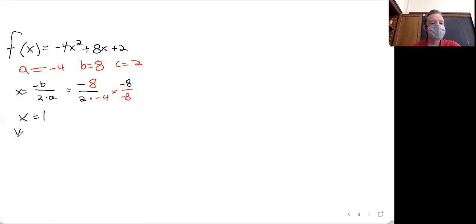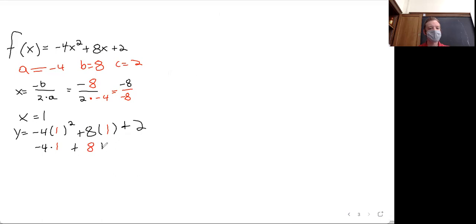Now, once we plug in, we need to replace both x's with +1. And then we can start working things out. 1 squared is 1. So we have -4 times 1. 8 times 1 is 8.